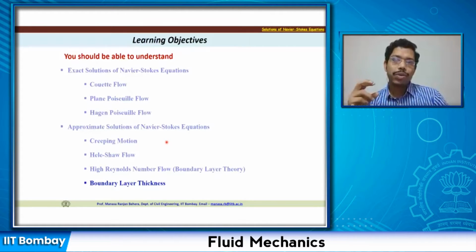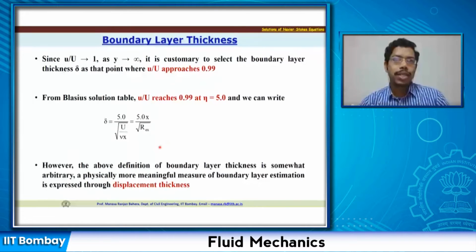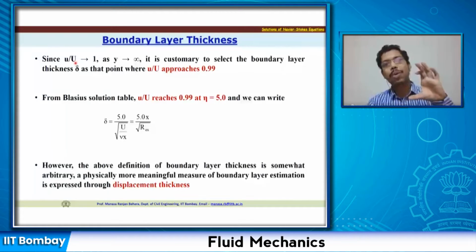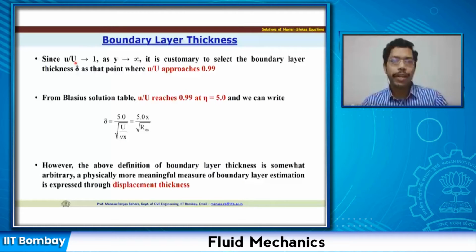In the last lecture, we have already discussed the boundary layer thickness, where the velocity is expected to be uniform, the free stream velocity. The location where the free stream velocity is going to be achieved from the boundary, that distance is your boundary layer thickness, and that is going to be achieved where y tends towards infinity.